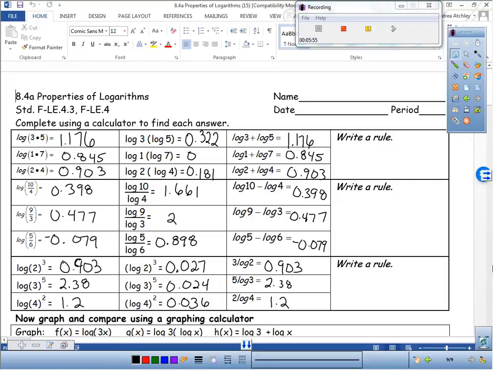Okay, and then write a rule, or write down what you're noticing. What's the rule for logarithms then? Or the properties? Or like exponent properties, so what are the properties of logs?